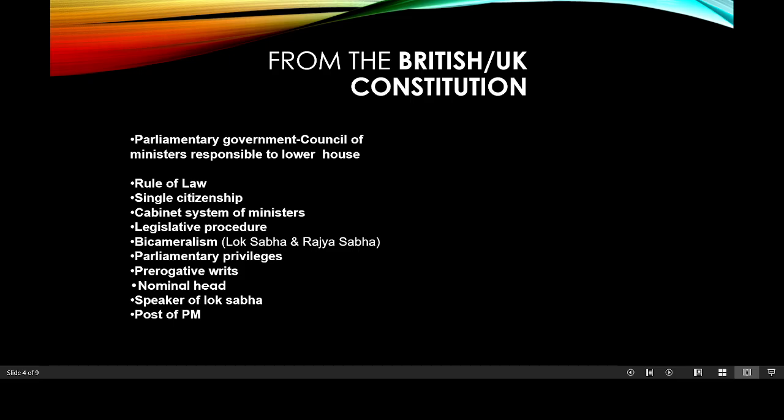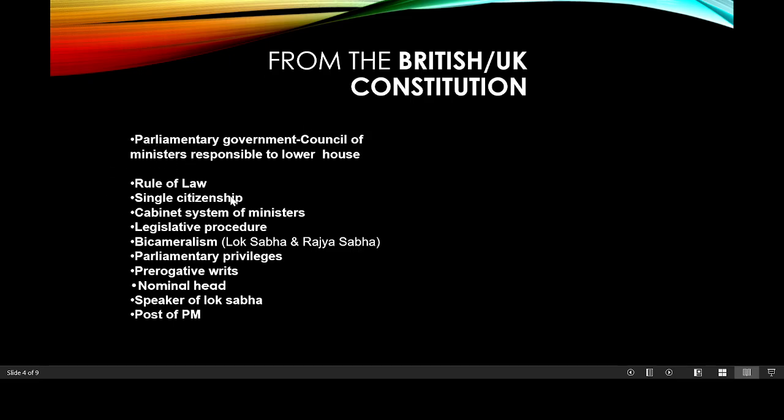The important one is parliamentary government. What is parliamentary government? The question has already been asked in OPSC prelims. Council of Ministers responsible to the lower house, or Council of Ministers responsible to Lok Sabha or the legislature. This is the first thing.